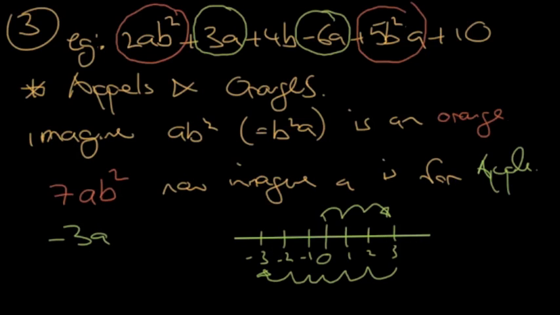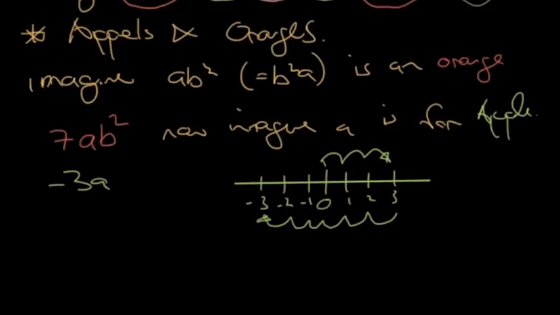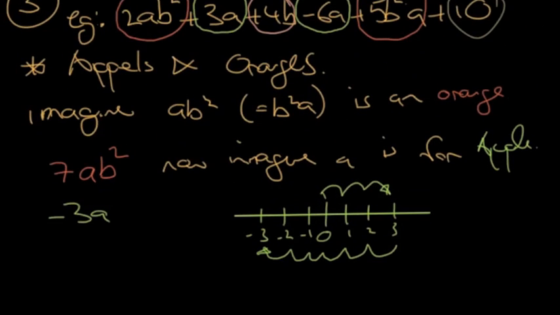Then we've got a couple of other things. We've got 4b, and we've got 10. So our b's are already collected, and our numbers are already collected. So in the end, the result we get is 7ab squared minus 3a plus 4b plus 10.